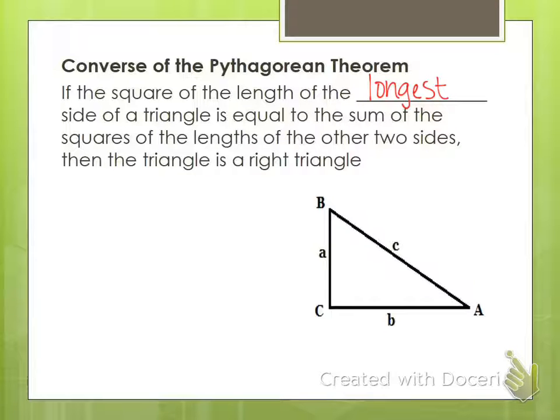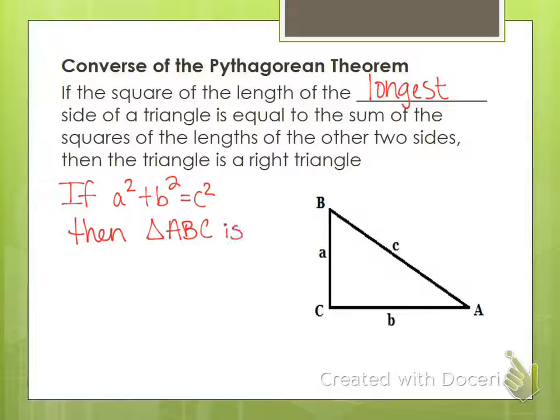So this is saying that if it's true that a squared plus b squared equals c squared, then we would know triangle ABC is a right triangle.